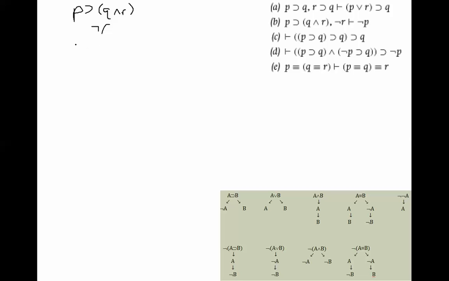Because again, what I'm trying to prove is, if I say this is a false conclusion, if I have these premises, can I ever have this conclusion be false? Can I ever have this conclusion be wrong? If it makes sense to say that sometimes it's false, then this doesn't prove this.